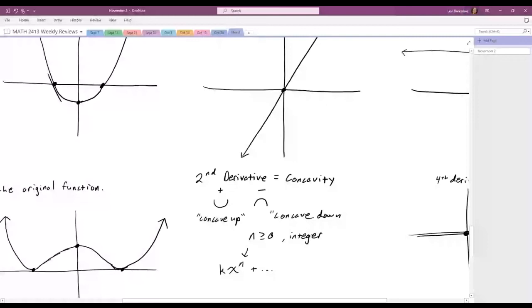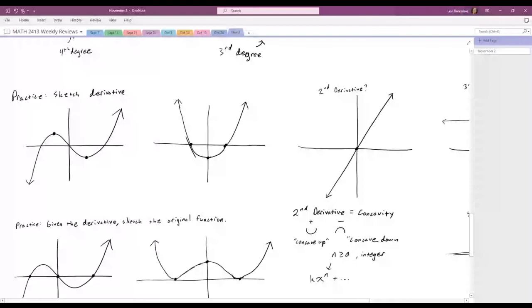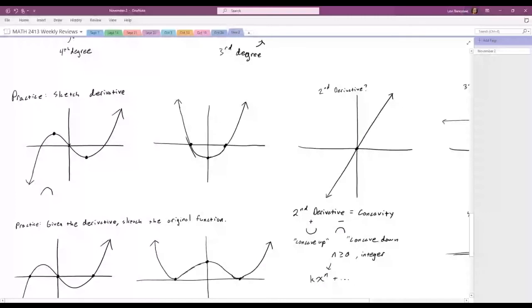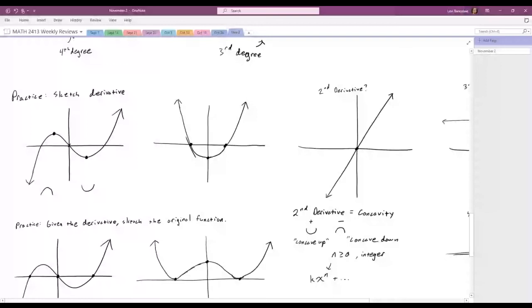So for example, looking at the practice problem we did earlier, our second derivative is negative for all x values smaller than 0. So on our original function, for every x value smaller than 0, you can see that our function takes a downward facing shape. And when our x value is larger than 0, our second derivative was positive. So for every x value larger than 0, our function takes an upward opening shape. And that's how your second derivative is going to impact the way your graph looks.